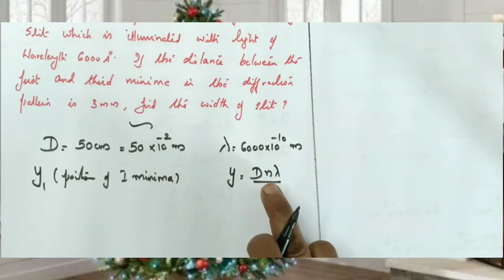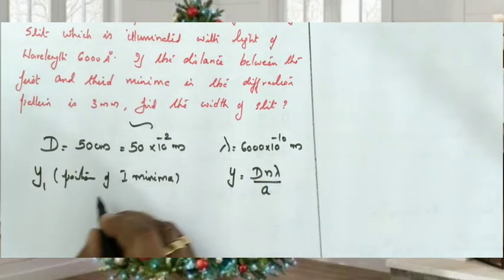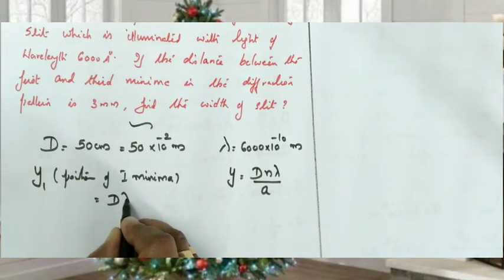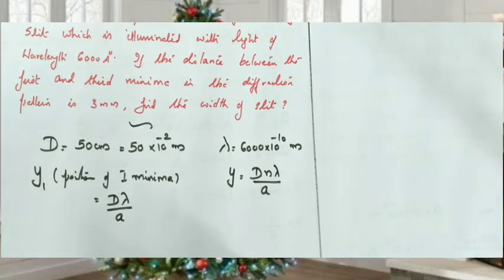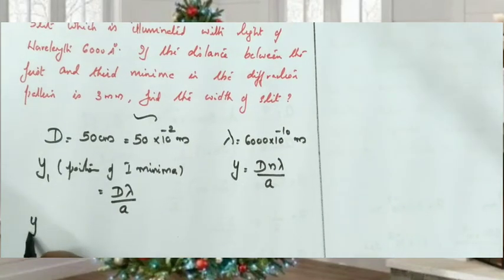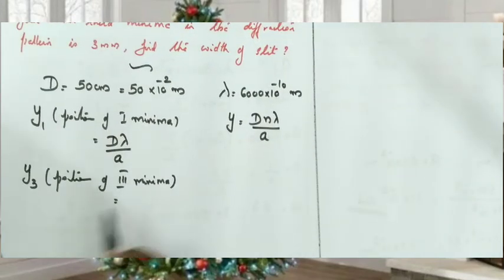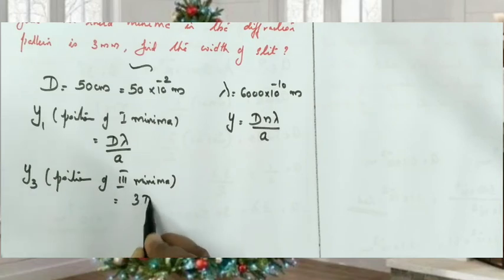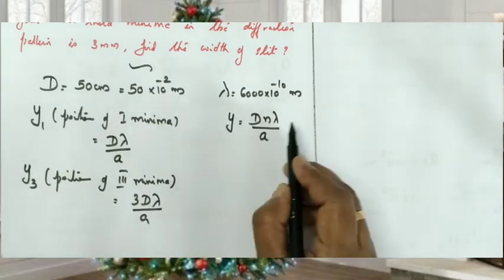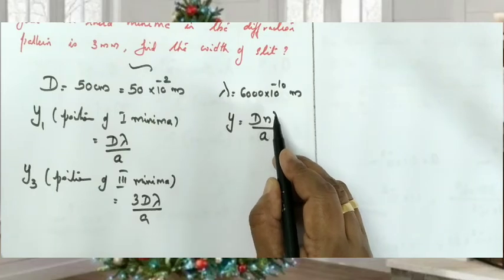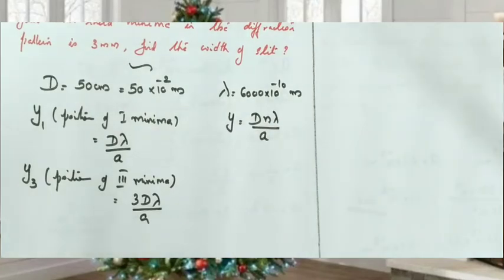Position of the first minima means n equal to 1, so it is equal to D lambda by a. What is the position of the third minima? We can write y3, that is equal to 3D lambda by a, because we put n equal to 3.